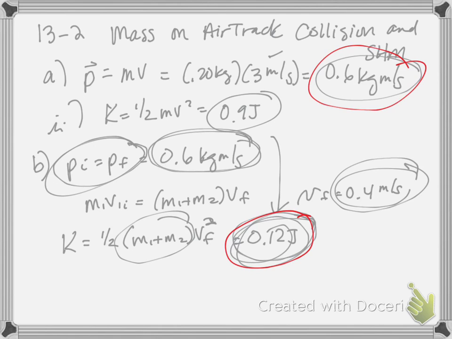I've really encouraged you to always put the correct units on all of your answers. I would never, ever, ever put an answer in this without a unit. For example, a kilogram meter per second squared is a Newton, a Newton meter is a joule, or a joule per second is a watt.